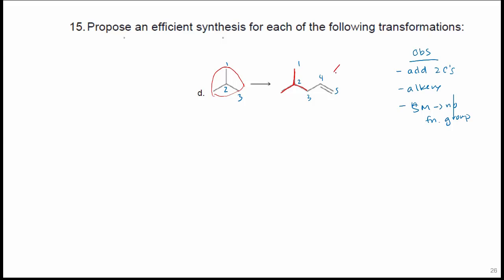So I'm going to think of this as acetylene plus that right there. I think that will make things a little bit easier to add. And then I don't have to worry about moving my functional group all the way to 4 and 5 from wherever I would have added it to the beginning materials. Okay, does anybody have any questions on how I got to that?